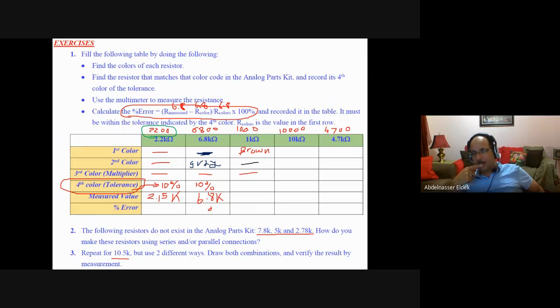Okay, with these resistors, think about it and try to connect them. And maybe you need to do it in a different way to find this 0.5, because we need to do it using two different ways. You draw both of them, and after that you do the measurement. You connect them and do the measurement and make sure that it is 10.5. Thank you very much for watching, and see you in the next experiment.